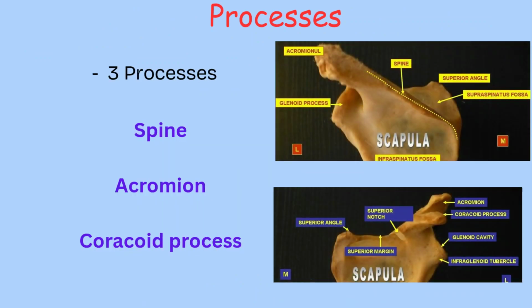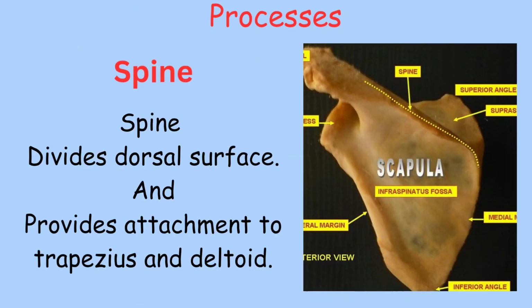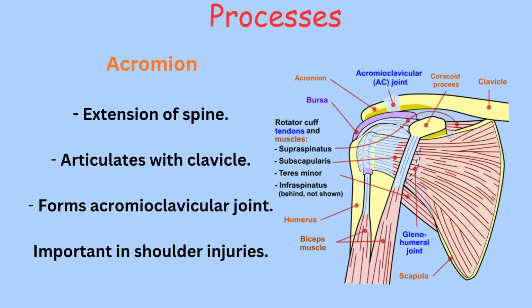Processes: 3 processes: spine, acromion, coracoid. Spine divides the dorsal surface and provides attachment to trapezius and deltoid. Acromion, an extension of the spine, articulates with the clavicle, forms the acromioclavicular joint, important in shoulder injuries.